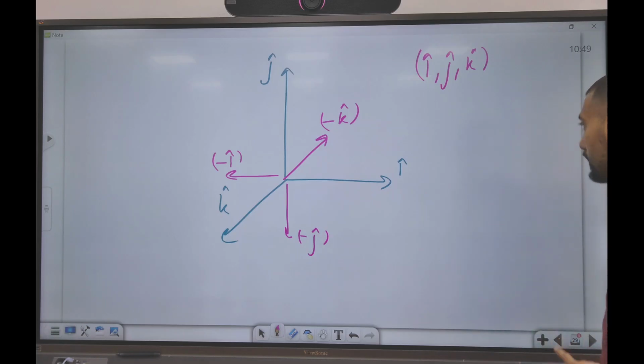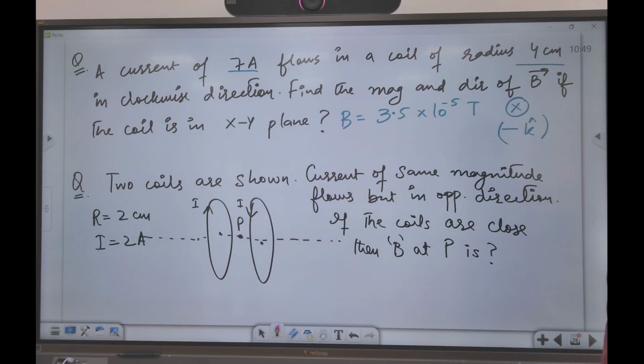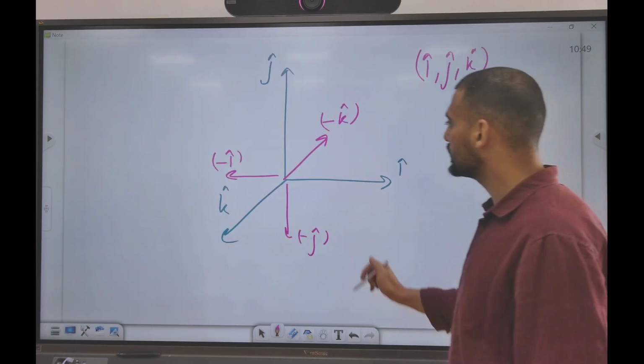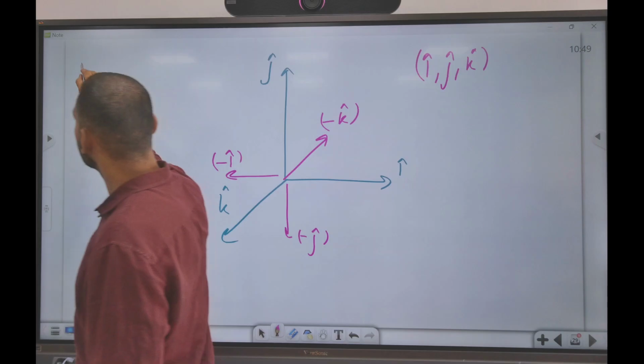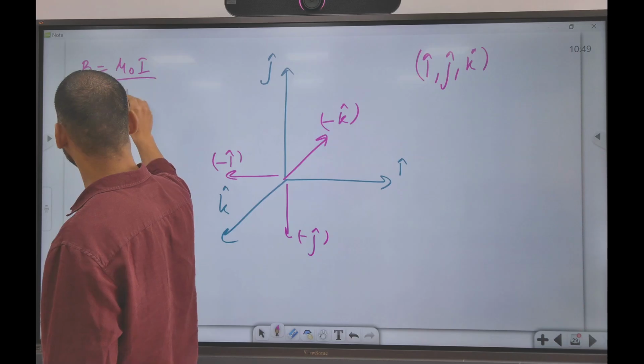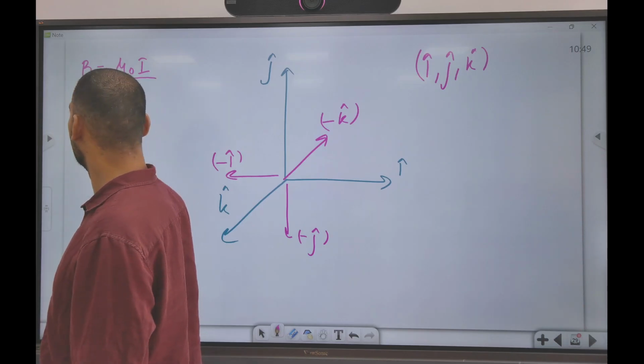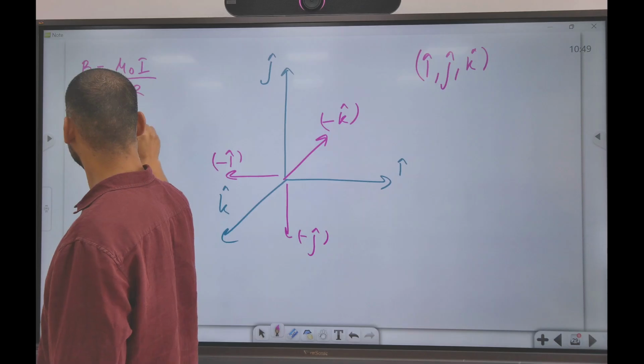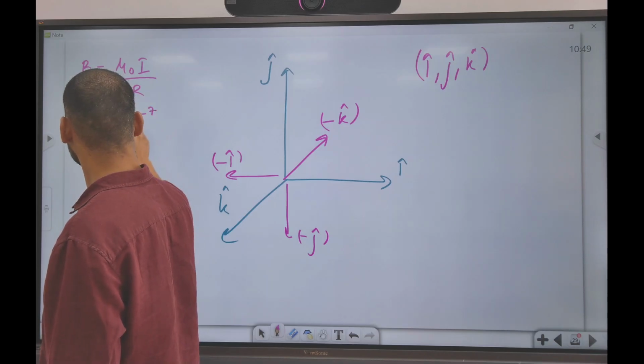Wrong? Yeah. What did you get? 1.099 times 10 to the power minus. What expression did you use? 7 and 4. The expression that you had to use was magnetic field is equal to mu naught times the current upon 2R. So it is 4 pi 10 to the power negative 7.